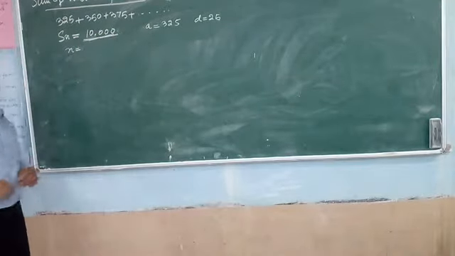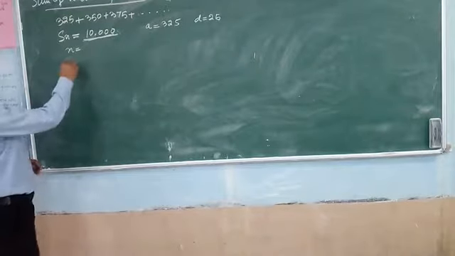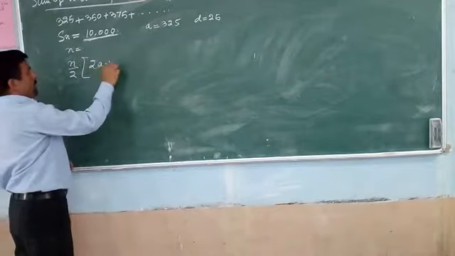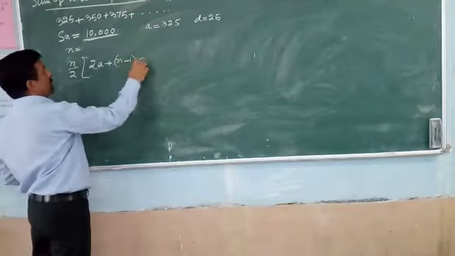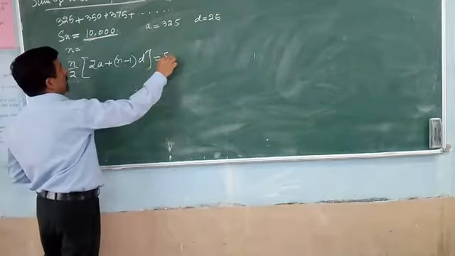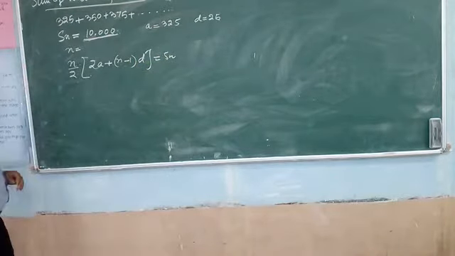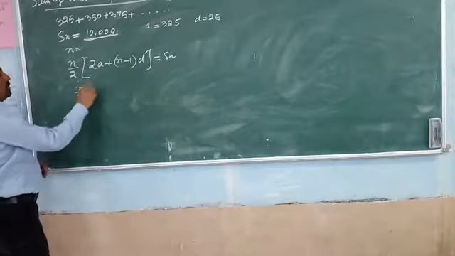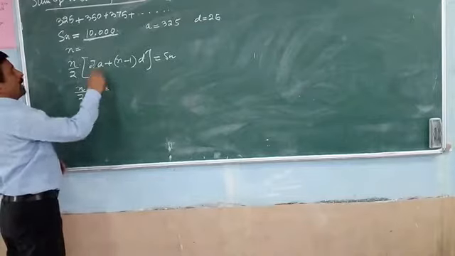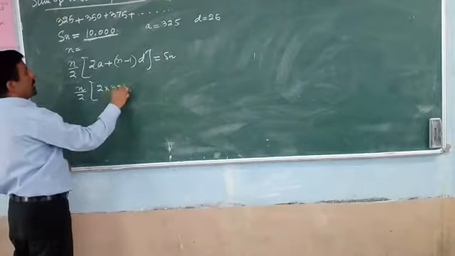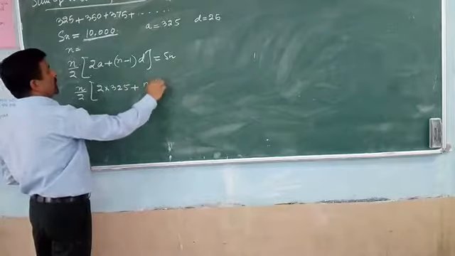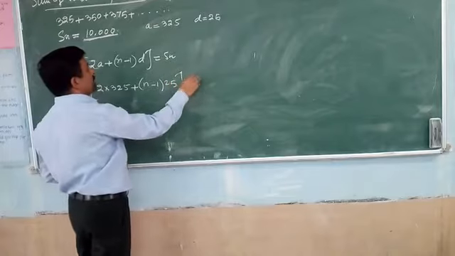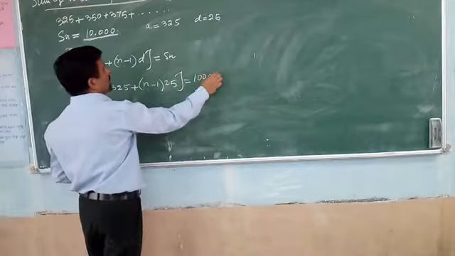So we'll go for formula number 1. Is it okay? Yes, sir. So this is n divided by 2 into 2a plus n minus 1 d is equal to S n. And now we'll start filling the value. n is to be calculated, we don't know. We will keep it as it is, n over 2. 2a, a is 325 plus n minus 1 into d, and d is 25 is equal to sum as 10,000.